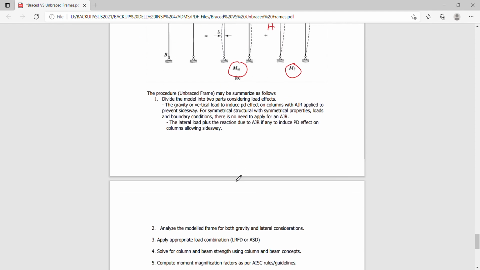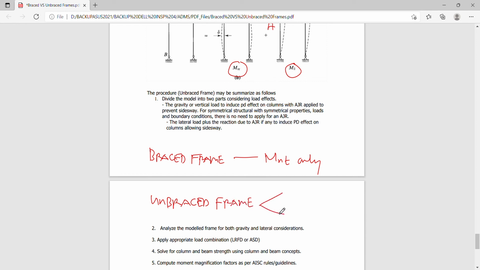So in summary, class, a braced frame analysis will constitute an MNT only, while an unbraced frame analysis will constitute an MNT and an MLT simultaneously.